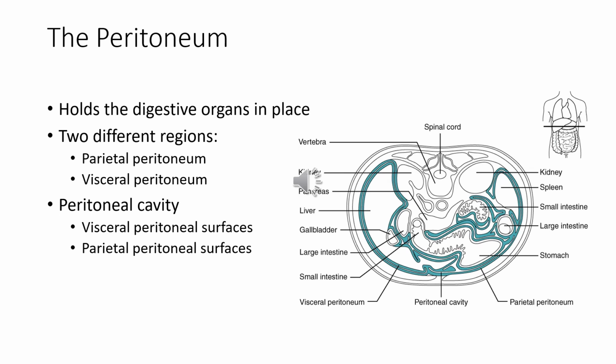It is composed of two different regions, the parietal peritoneum, which lines the abdominal wall, and the visceral peritoneum, which envelopes the abdominal organs. The peritoneal cavity is a space bounded by the visceral and parietal peritoneal surfaces. A few millimeters of watery fluid act as a lubricant to minimize any friction between the surfaces of the peritoneum.